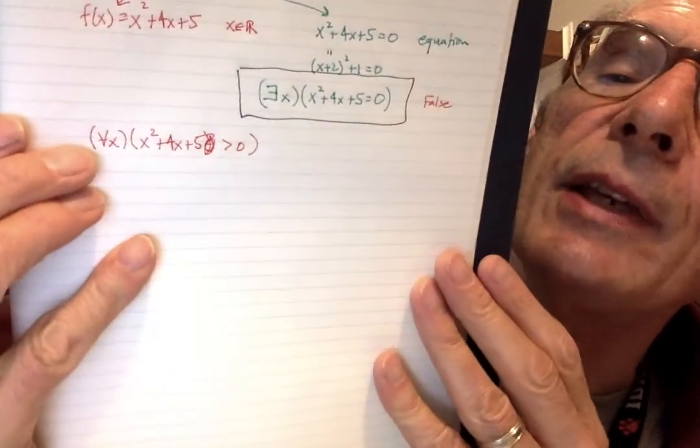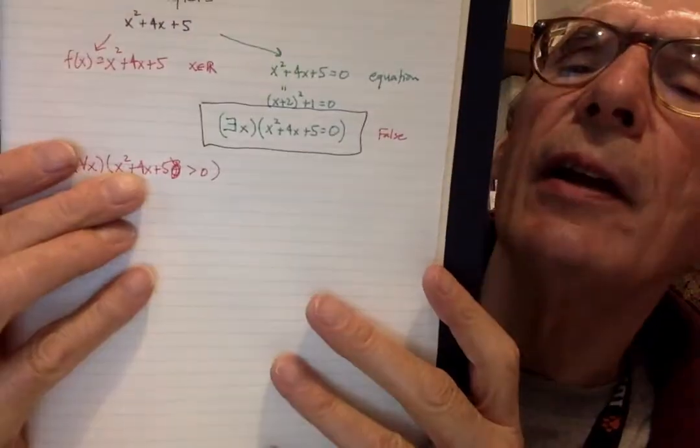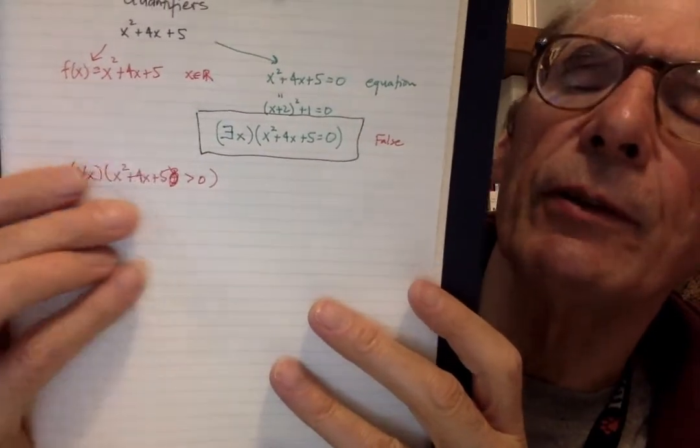So let me write a new statement, and this statement says that for every x, x squared plus 4x plus 5 is greater than 0. Sorry about the blob, but this is the so-called universal quantifier. For every x, x squared plus 4x plus 5 is greater than 0.